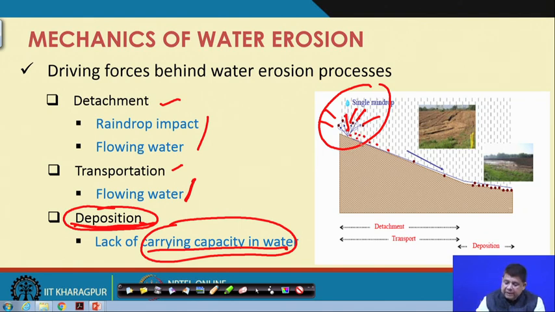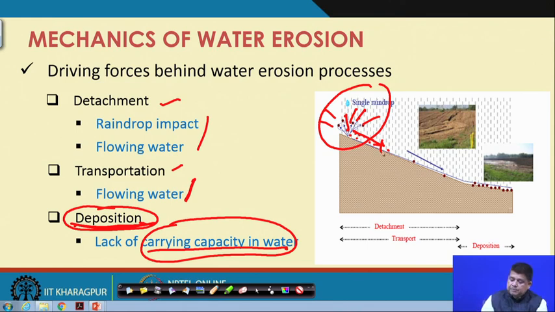Once the infiltration capacity is satisfied, the overland flow process will take place and take the detached soil particles further away. At the same time, because this flowing water has a high velocity because of the slope, it will further detach the soil particles.